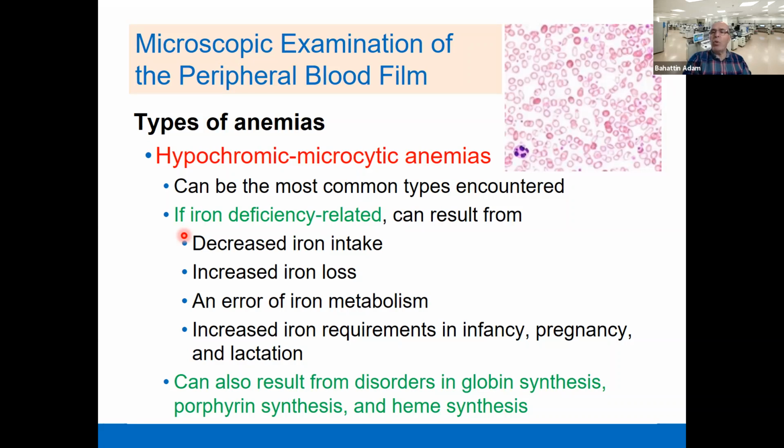We have to differentiate and find out the underlying mechanism of anemia.